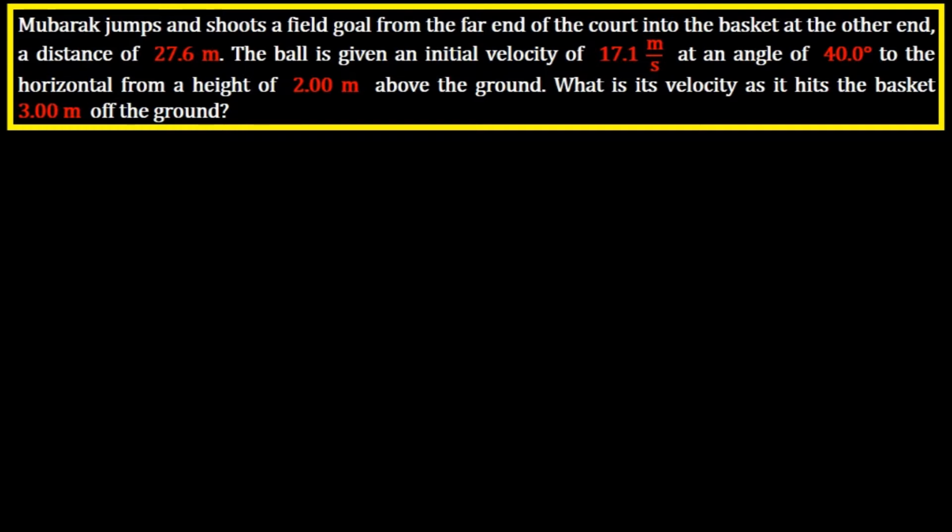So this is going to be a little bit different, a little confusing. I'll give you a hint. We're going to be using Vf squared equals V naught squared plus 2ad as part of the solution to the problem.